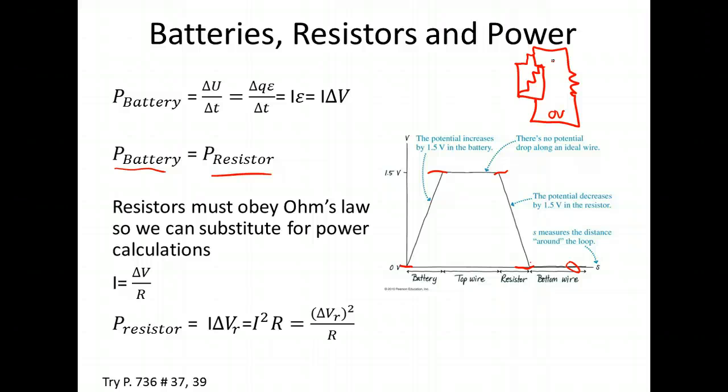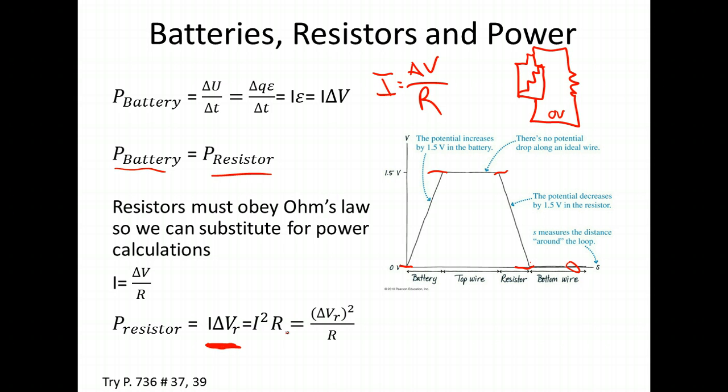And so the equations for the power of a battery are very similar to the equations for power of a resistor because they are the same power. The only difference here is that resistors have to obey Ohm's law, which is that current equals the change in voltage over the resistance of whatever that resistor is. And so I take Ohm's law and I can substitute into this initial equation, right?